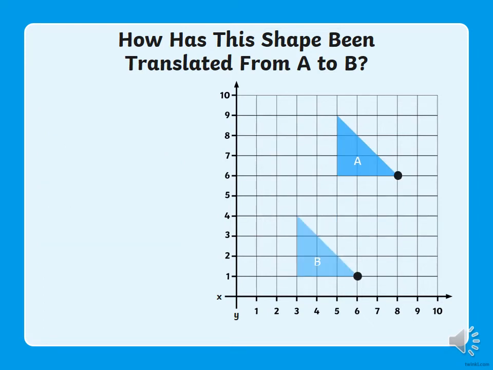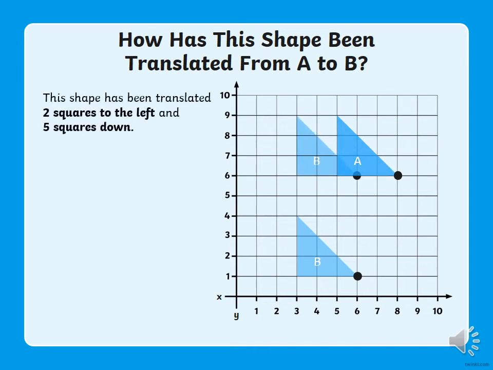Okay, so pause the video and I want you to figure out how this shape has been translated from A to B. How many has it moved to the left and how many has it been moved down? So pause it and count it. This shape has been translated 2 squares to the left and 5 squares down.